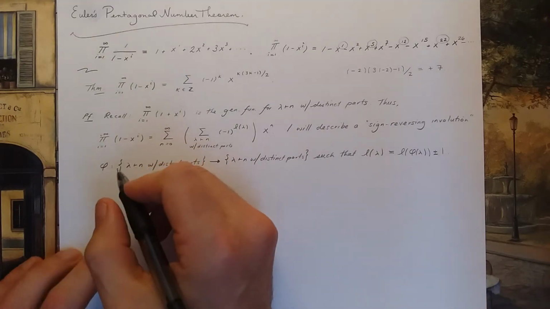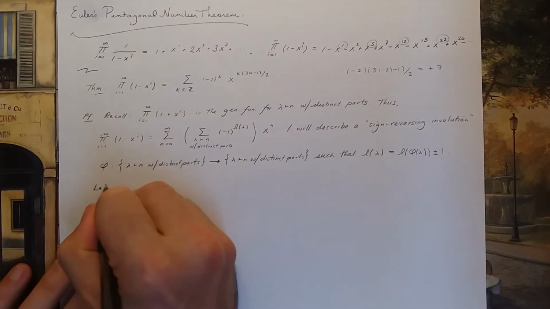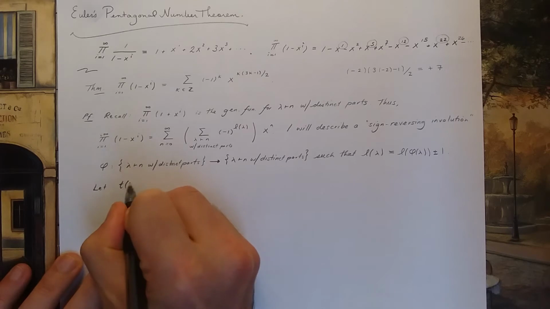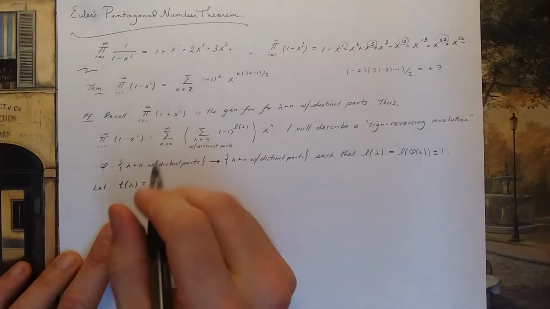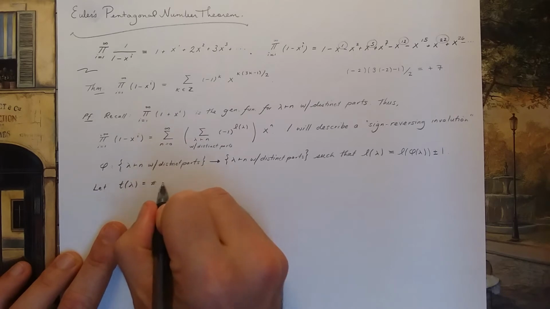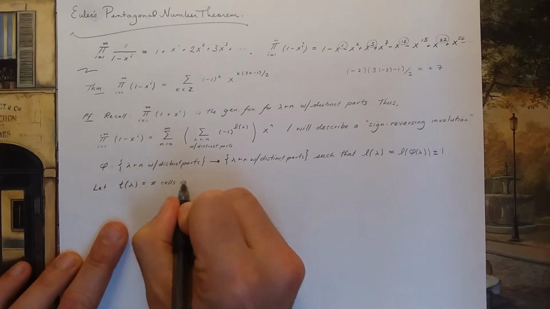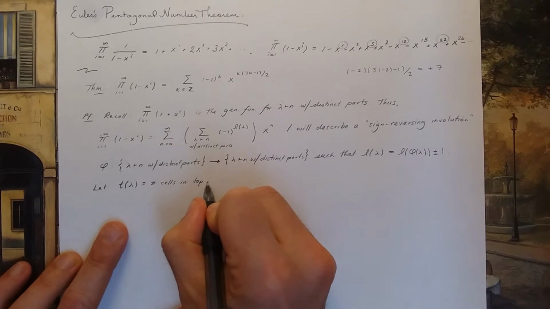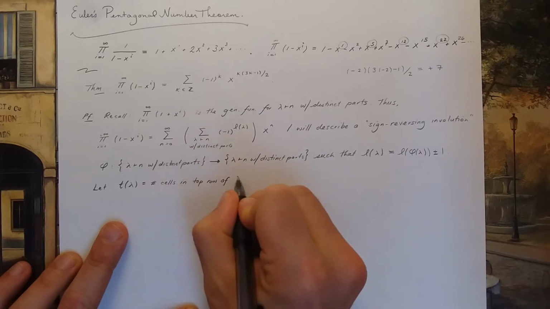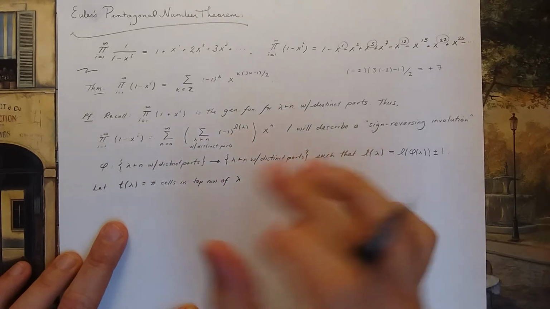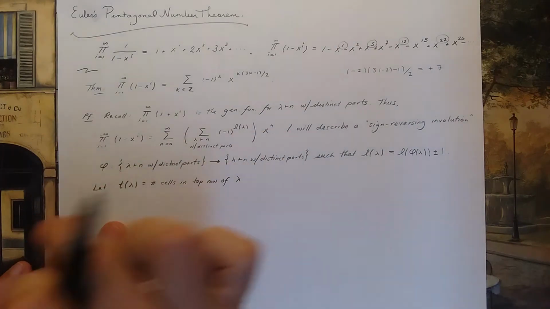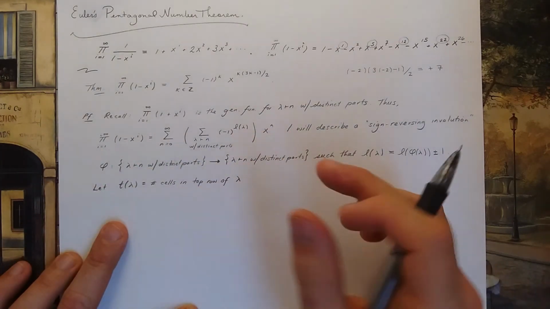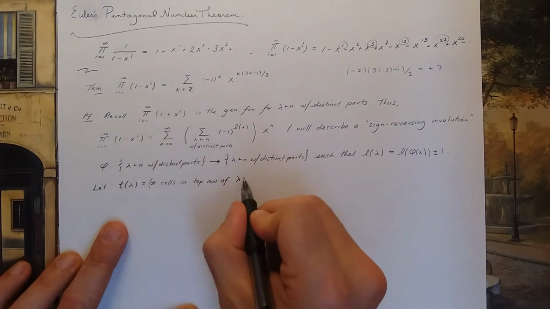I'm going to let t of lambda be the number of cells in the top row of lambda, and I'm thinking of the Young diagram of lambda. So if you draw the boxes, you look at how many cells are in the top row, and you get t of lambda.